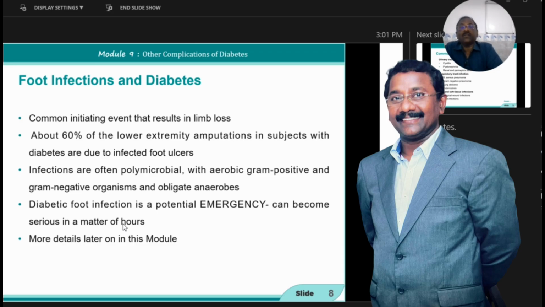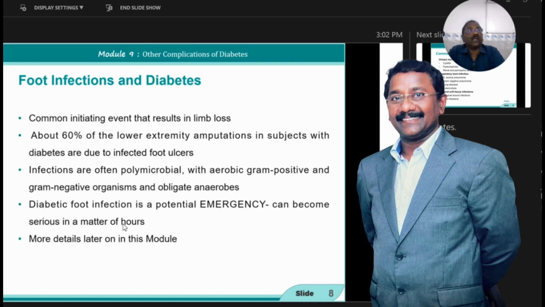They don't know that they are going to lose the limb on day 1 or day 2, but slowly the infection will spread up. Whatever debridements you do, however much insulin you use to control the blood sugars, whatever antibiotics you use, they are all useless in some individuals. Finally, they need the amputation.